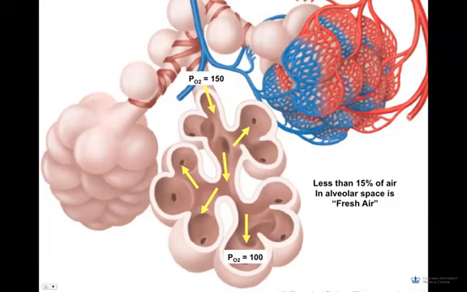So the air that comes in gets diluted by the air that was taken in by previous breaths. And that air is going to have a higher carbon dioxide concentration because the carbon dioxide is moving from the blood into that alveolar space. So when we finally get to the site of gas exchange, the PO2, the partial pressure of oxygen, is sitting at 100 millimeters of mercury. Okay? So that's an important value.